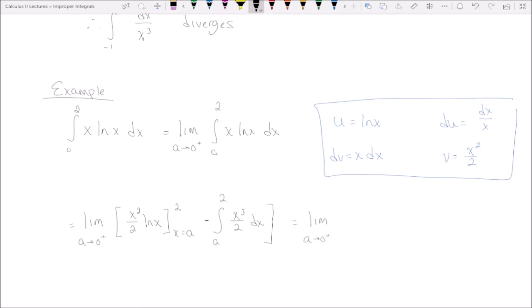If we take a look at this, we're going to get 2 log of 2 minus a squared over 2 times log of a, then minus x to the fourth over 8 as x goes from a to 2.